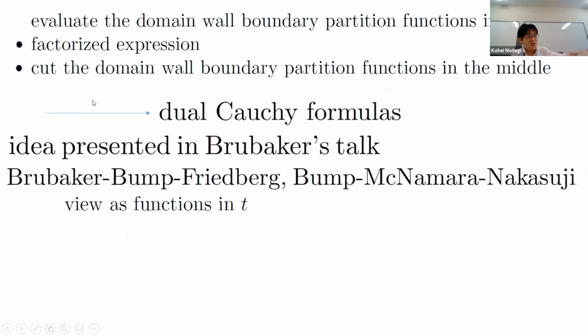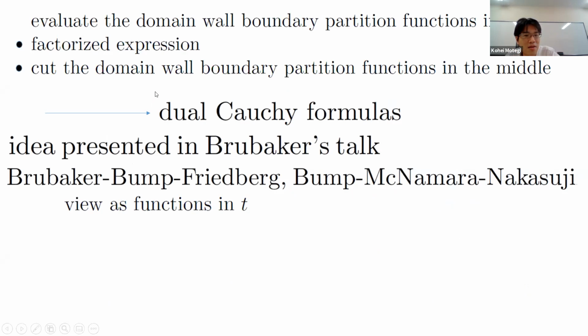Let me show just one application and finish this talk. In Professor Brubaker's talk, he showed some idea to derive some dual Cauchy formula by evaluating the domain wall boundary partition functions in two ways.